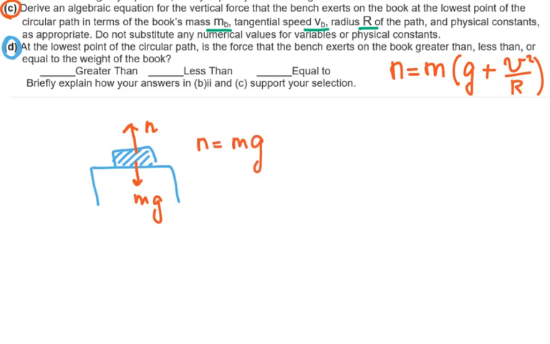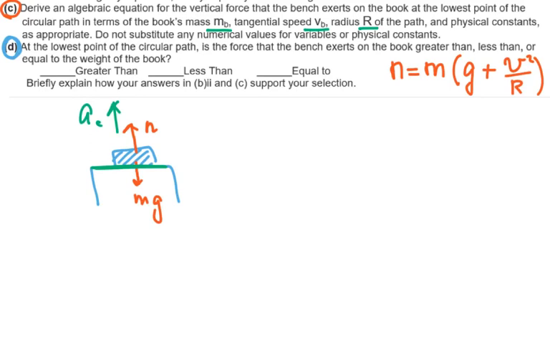So the bench would exert on the book exactly the same force. But our situation has circular motion, so there is centripetal acceleration. And that changes how much the book is pushing on the bench, and the bench is pushing back with that same force.